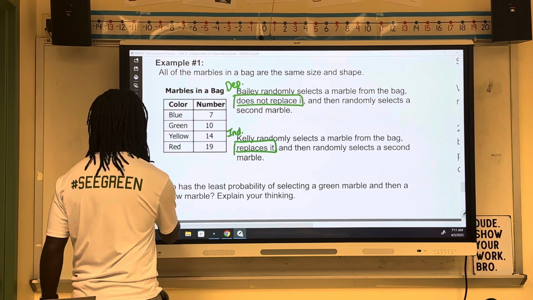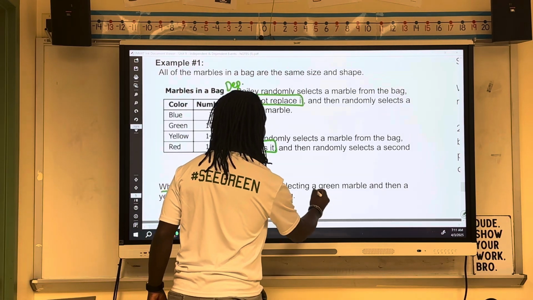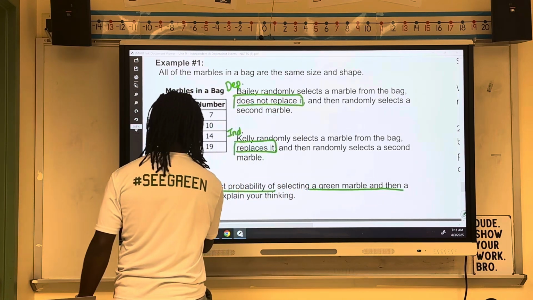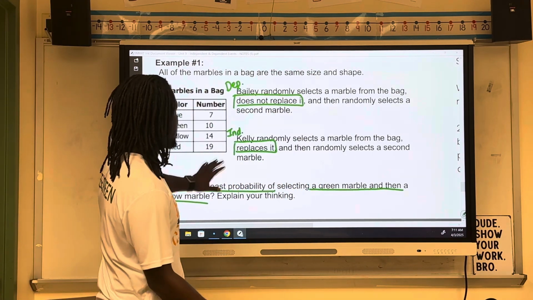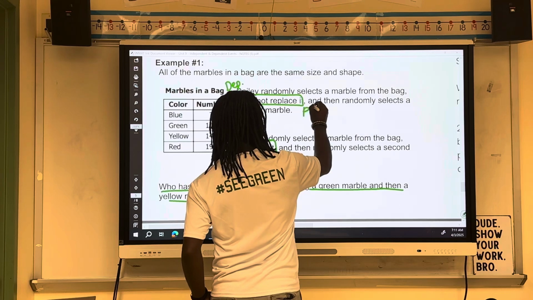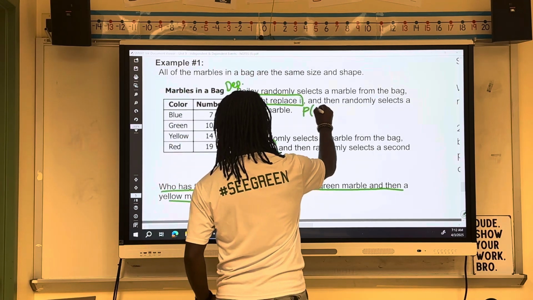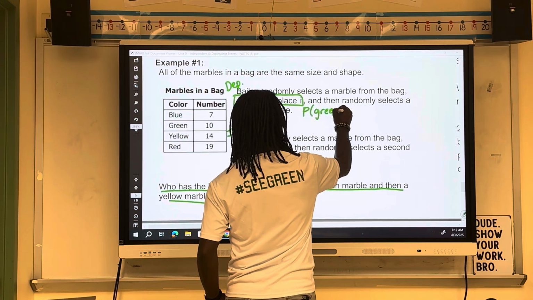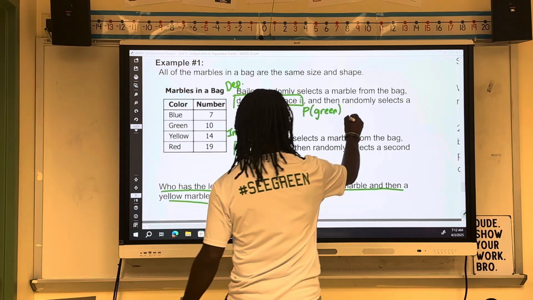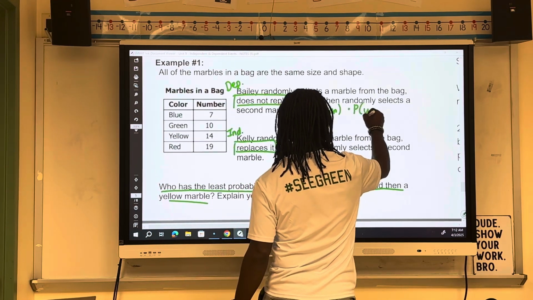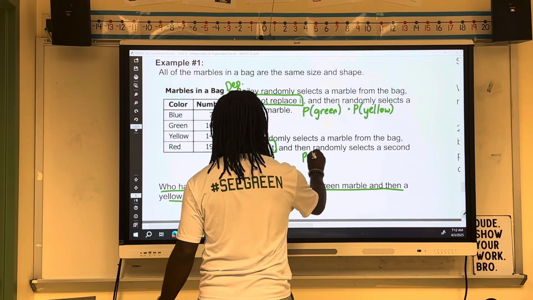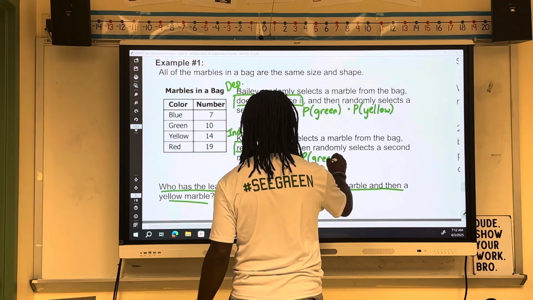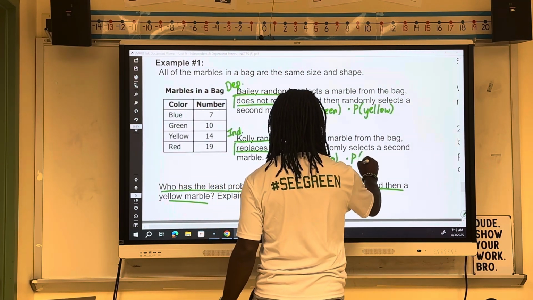Who has the least probability of selecting a green marble and then a yellow marble? Both of them are selecting a green and then a yellow.